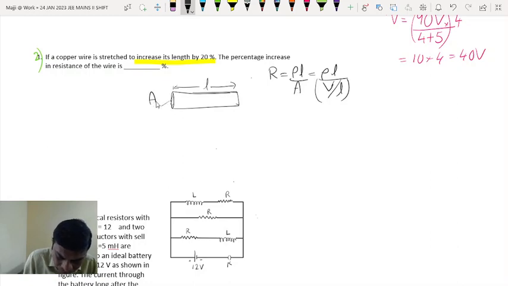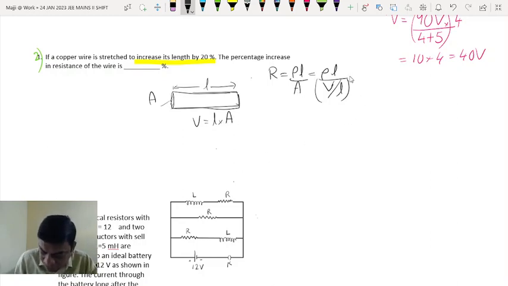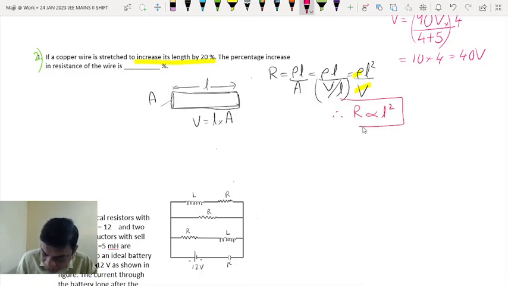So cross section area can be written as V by L. So we have rho L square by V. Now since rho and V are constants, we can write resistance is proportional to square of the length.